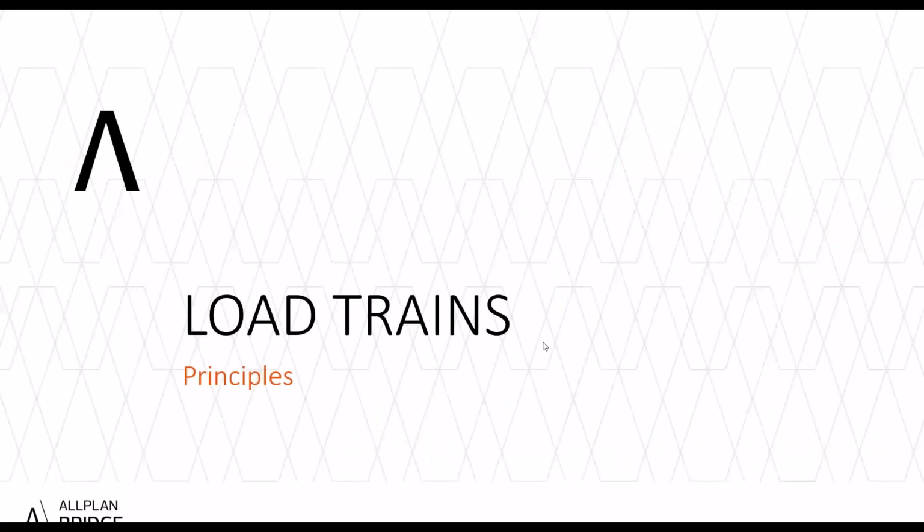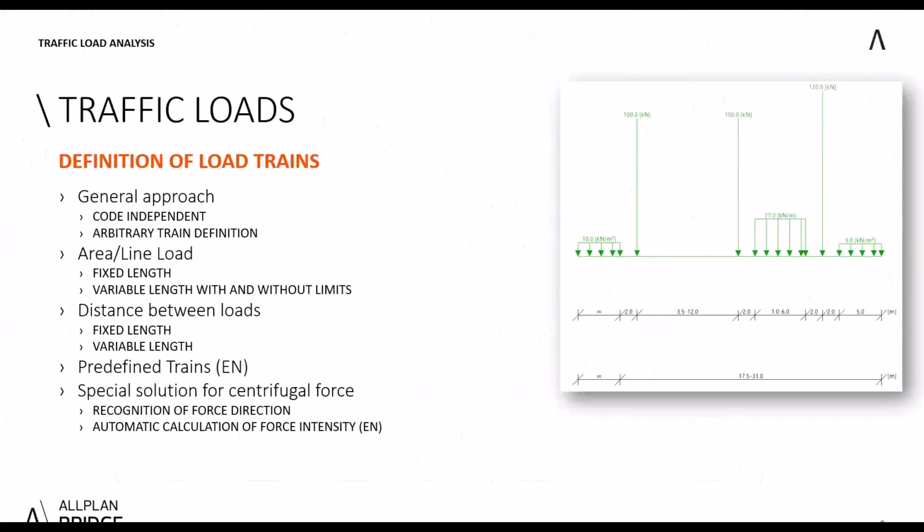Okay, the second point would be the definition of the load trains. Also here we have a generic approach, so you can define any arbitrary combination of single loads and uniformly distributed loads. You can see this here in this picture. I have here some concentrated single loads and some uniform loads. And the uniform loads can be line loads, as for example seen here, kilonewton per meter.